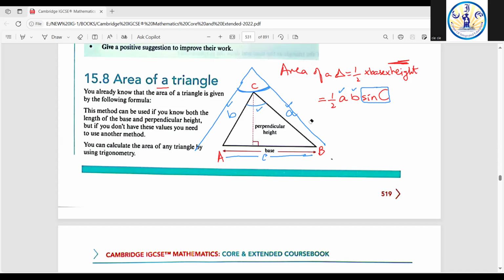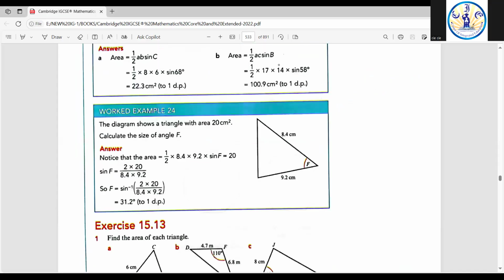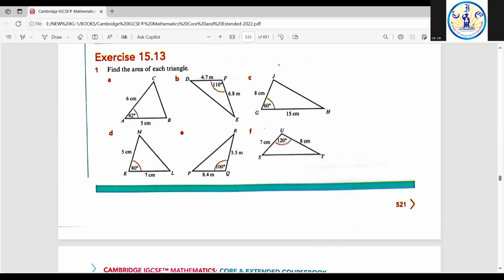So with this, we start off with the exercise 15.13. Find the area of each triangle. Now you can see that we are given the two adjacent sides of a triangle.